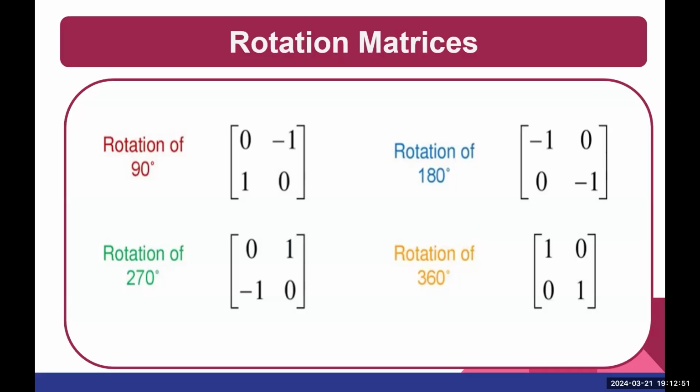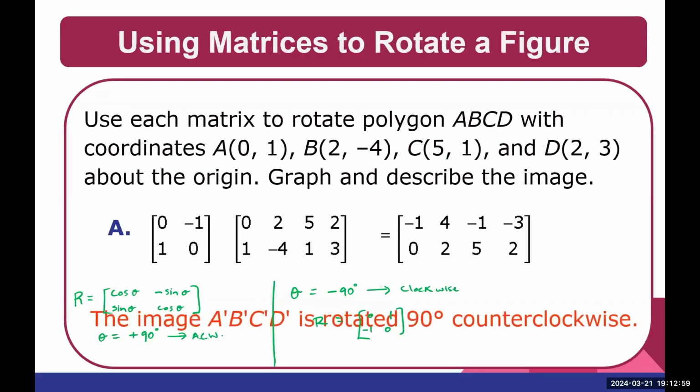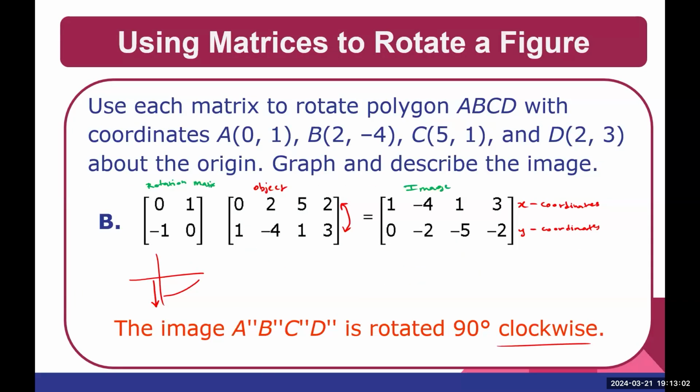If it's rotating counterclockwise or anti-clockwise, you will use a positive angle. All right, so any questions on rotation? Rotating clockwise, the angle is negative. Rotating counterclockwise, the angle is positive.